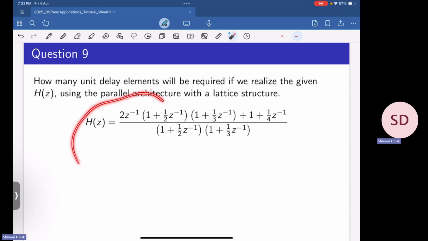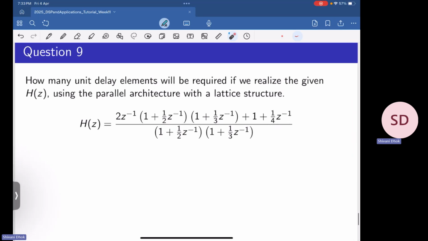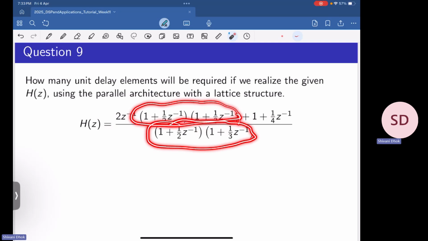First let us figure out what kind of parallel structure we can have. Observe the transfer function given to us, and look at the first term of this transfer function, which is exactly the same as what we have in the denominator.